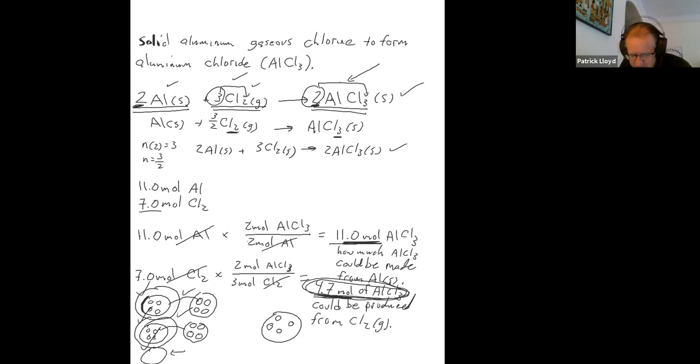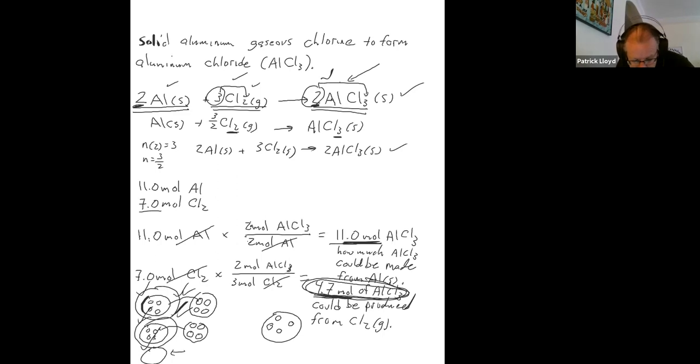So in the end, we can make 4.7 moles of aluminum chloride, just as we could only make 2 pizzas here. And the way we're calculating that is by taking the amount of the reactant and then multiplying it by the relationship between the substance we're interested in and the substance that we're starting off with. You do it for both, and then just pick the smaller number, right?